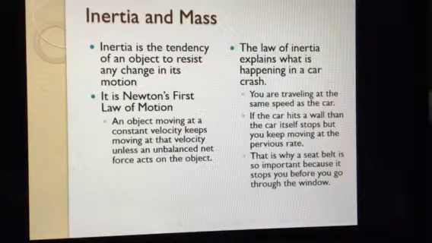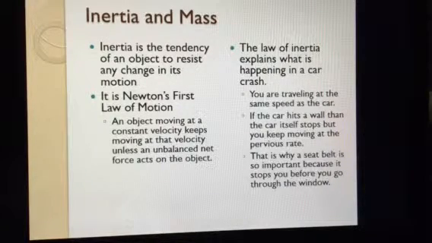If your car is moving 65 miles an hour, you are also moving at 65 miles an hour in that car. And if your car happens to hit, say, a wall going 65 miles an hour, you actually don't stop with your car because you're not attached to it unless you're wearing a seatbelt. You would actually fly past the car. And this is one reason that we have seatbelts in cars.